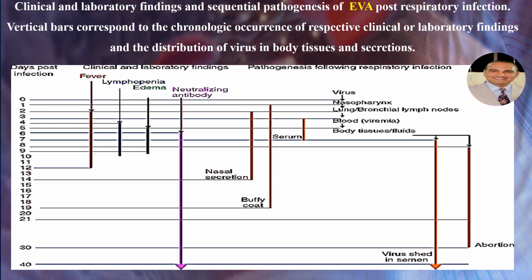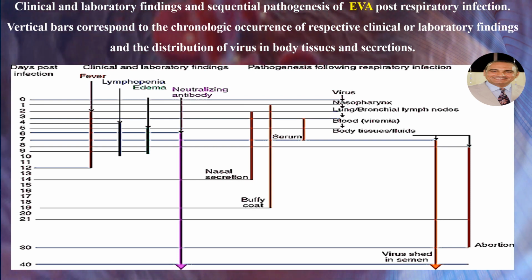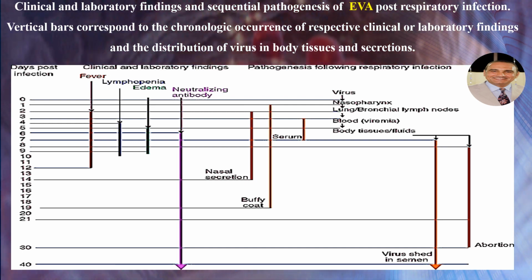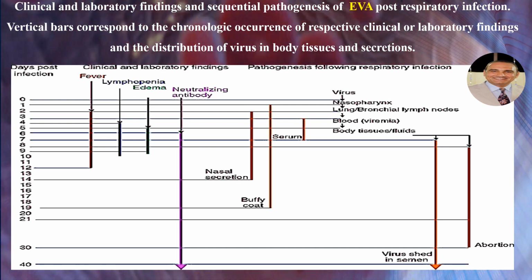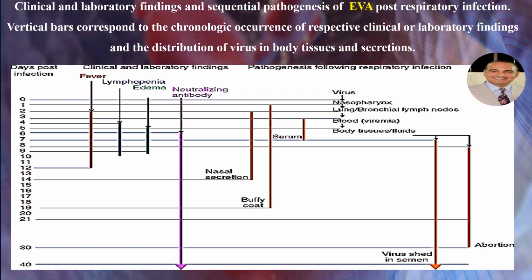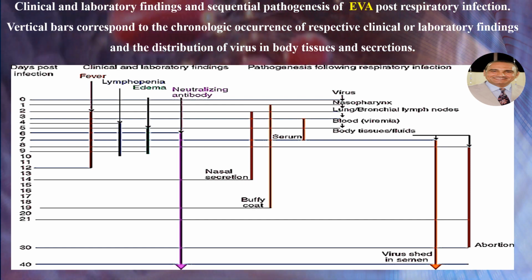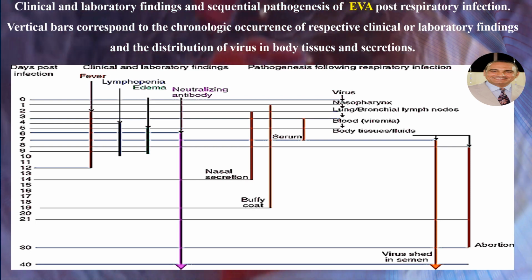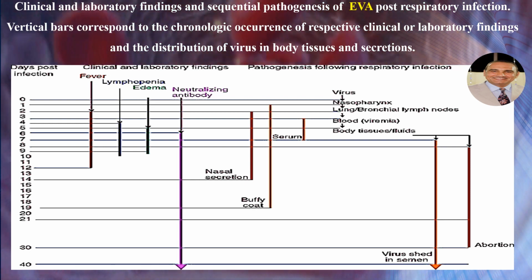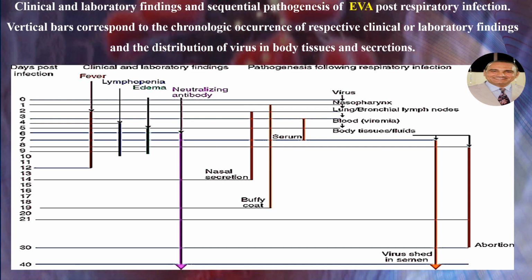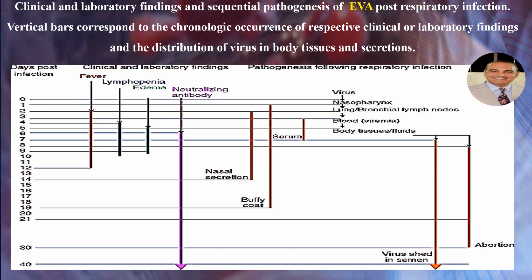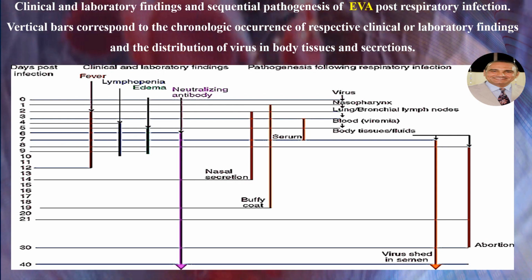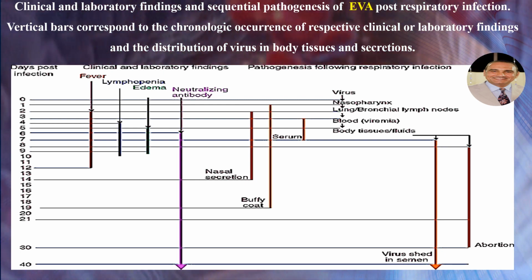Lymphopenia is reported from the 4th day post-infection up to the 10th day. Edema is reported from the 5th day up to the 9th day. Neutralizing antibodies are reported from the 6th day of infection up to 40 days. Nasal secretions are noted from the 3rd day up to the 14th day.